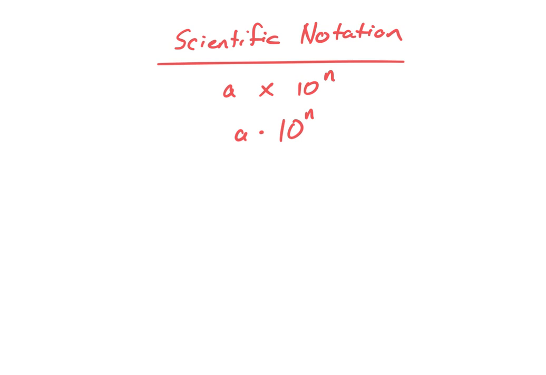Okay, so A is a number that is greater than or equal to 1 and less than 10. So it has to be a number somewhere between 1 and 10. Can't be 11, can't be 12.